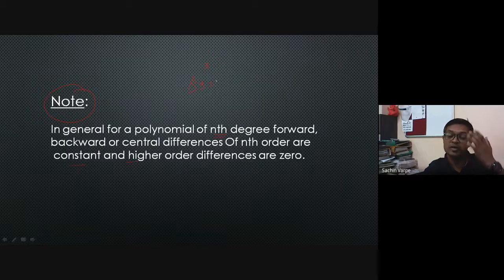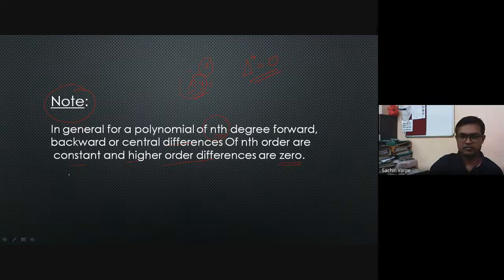Okay, but this is not the case for exact value. This is the case for greater value. That means if we are asked to find delta raised to 4, then that will be definitely 0. Remember, such questions will be there in online exam. So you should know, for nth degree polynomial, forward, backward or central differences operators of nth order are constant. That means of that order they will be constant, but higher orders will definitely be 0. I hope this is clear to everyone.